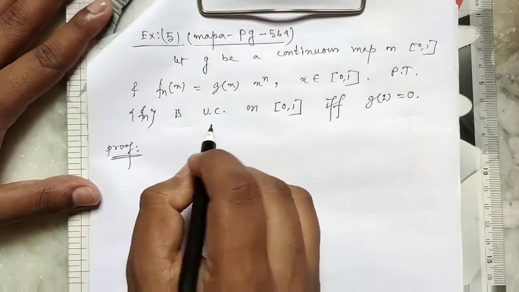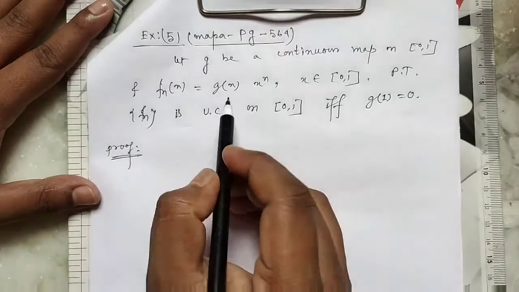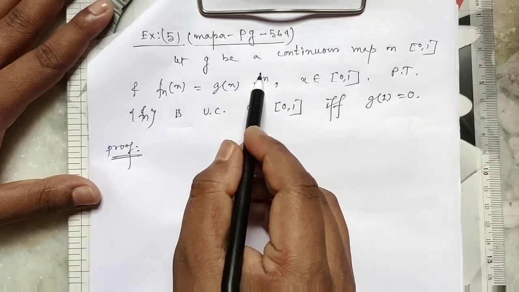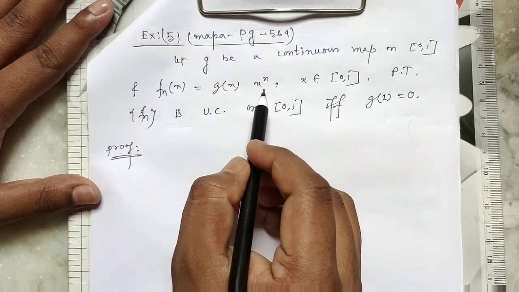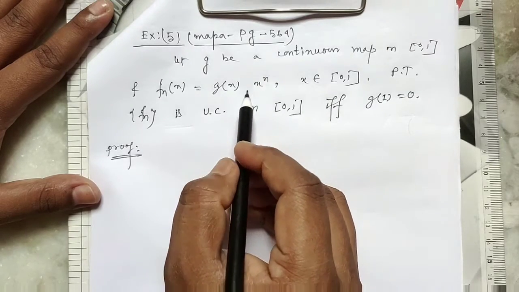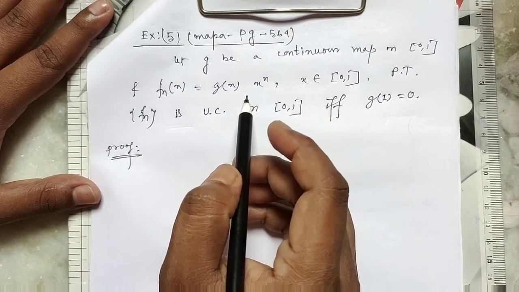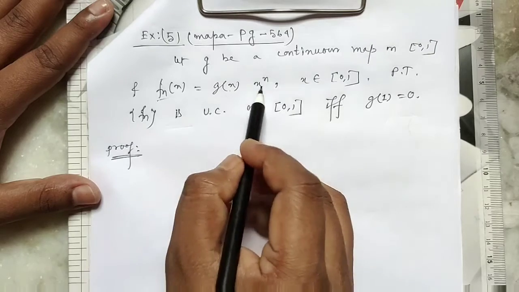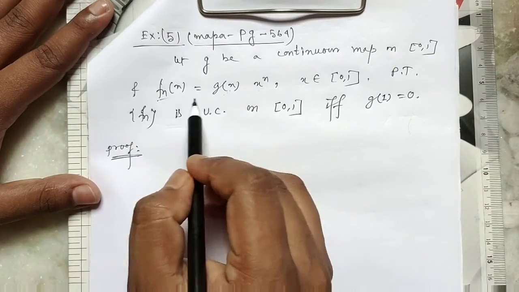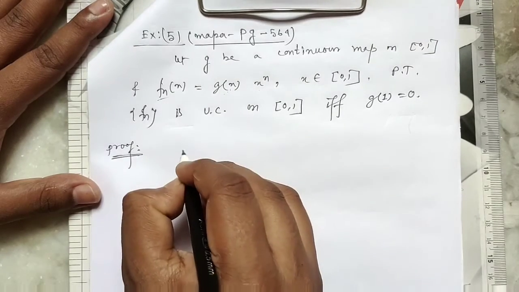First, since g is continuous and x to the power n is a continuous function because it is a polynomial, and every polynomial function is continuous, fn(x) is a product of two continuous functions. So fn(x) is continuous.